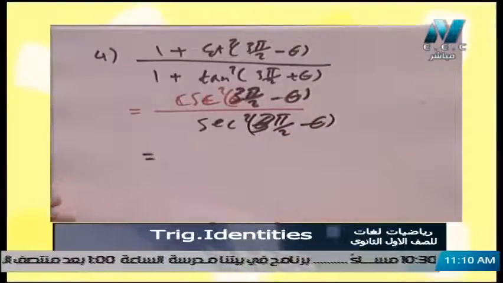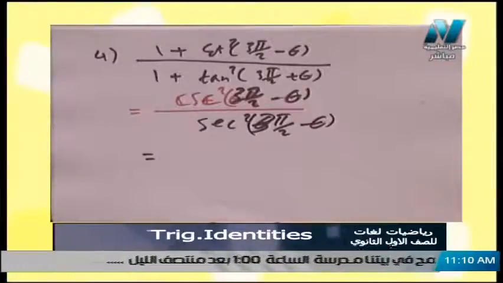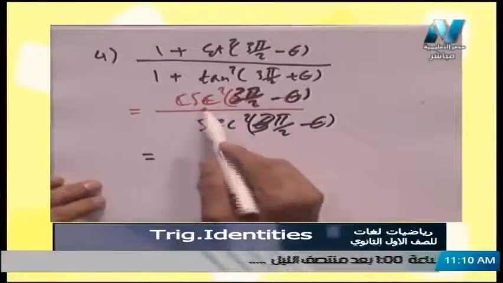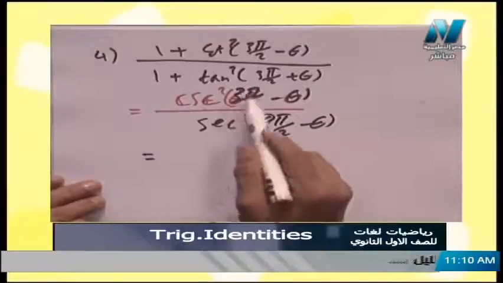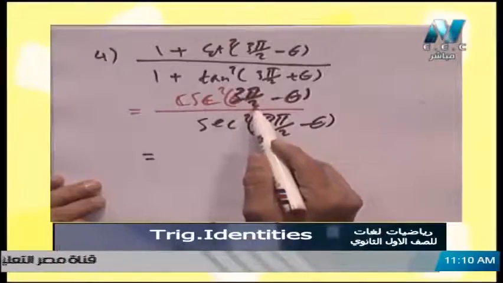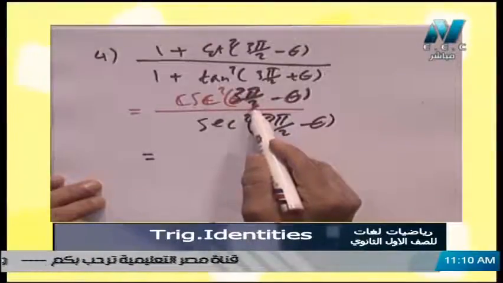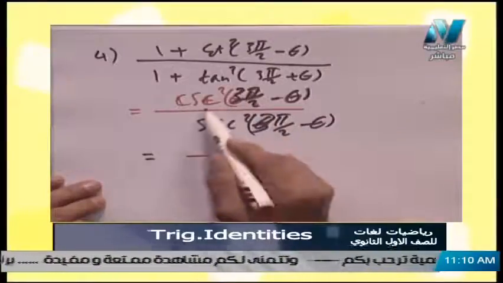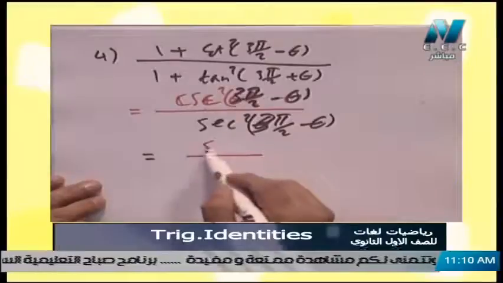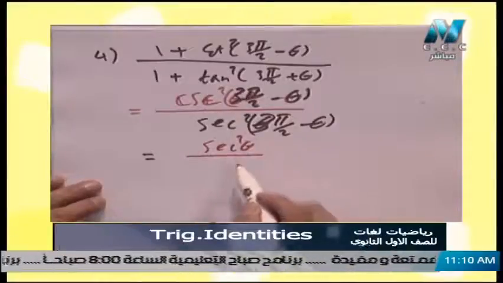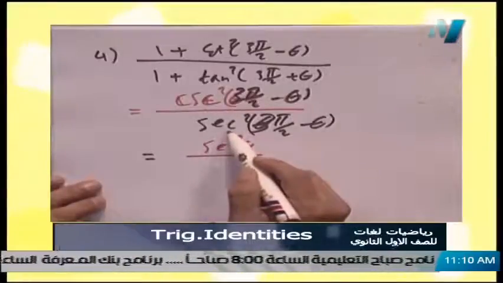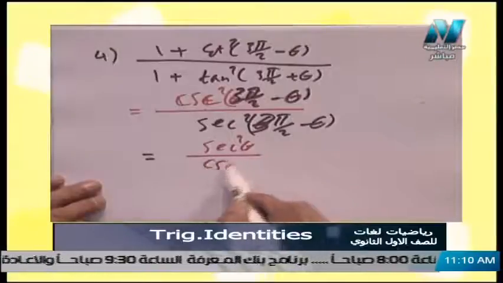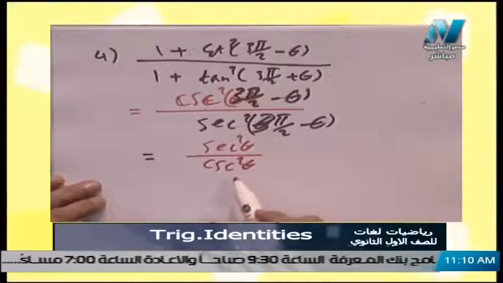Since 3 pi over 2, like pi over 2, 270, changes the function, cosec becomes sec power 2 theta, and sec power 2 becomes cosec power 2 theta.